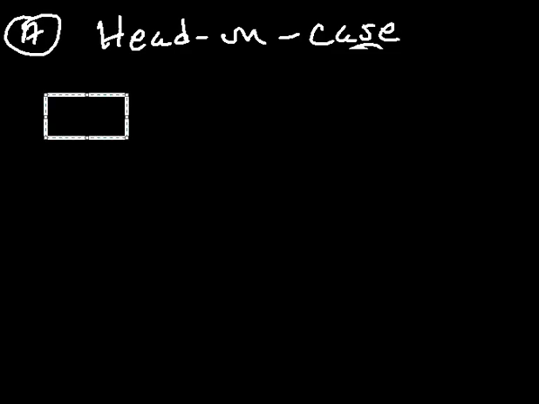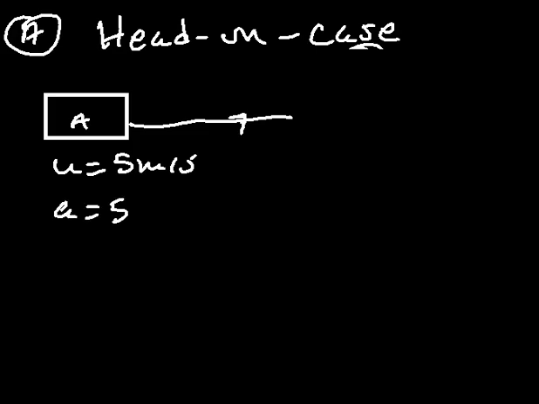What if we have two objects? Let's say this is object A moving towards this direction, with initial velocity given as 5 meters per second, and the acceleration given as 5 meters per second squared. And we have another object called object B, which happens to move in the opposite direction.